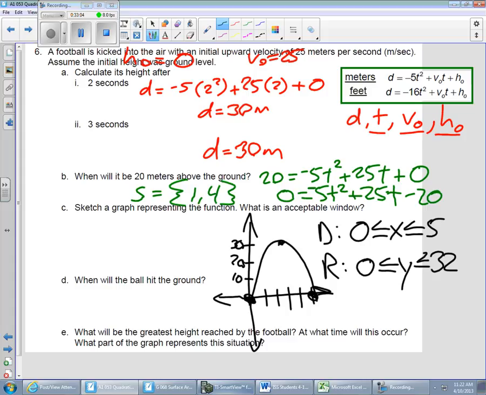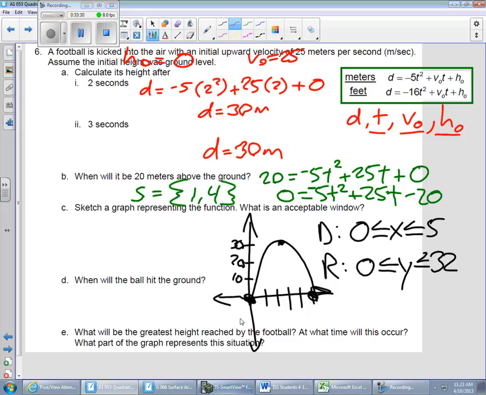When will the ball hit the ground? I think pretty clearly from the graph that we've already established here and the acceptable window that we've got going, it's going to be 5 seconds. But once again, to do the calculation, when will the ball hit the ground? Well, that's basically a matter of looking at the graph, looking at those intersections with the x-axis.